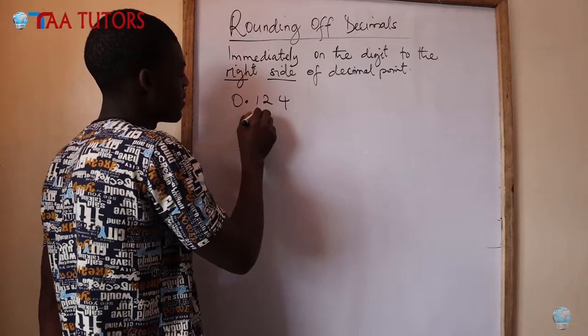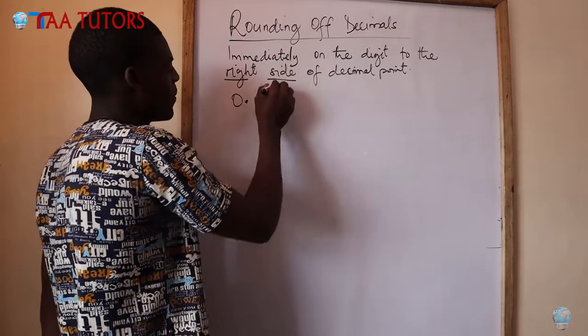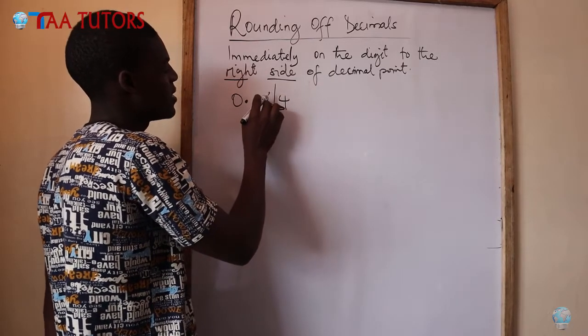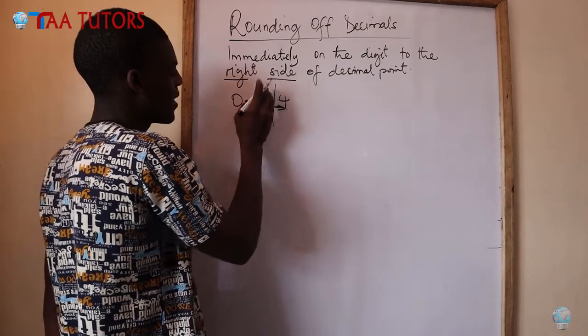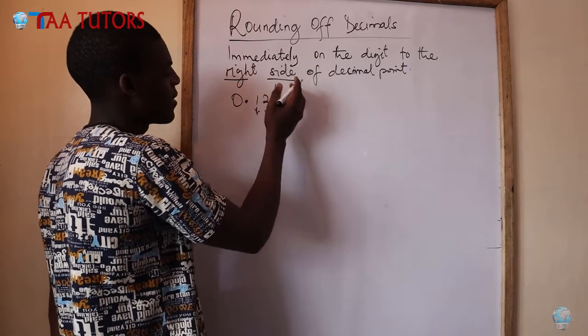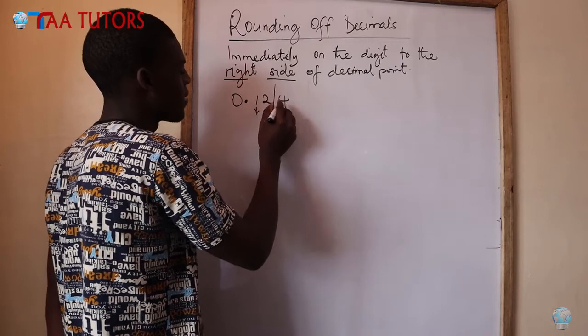Here's the first one, then the second one. So to round off to 2 decimal places, we start immediately after the digit in the second decimal place. The immediate digit after that is what we use to determine our rounding off.